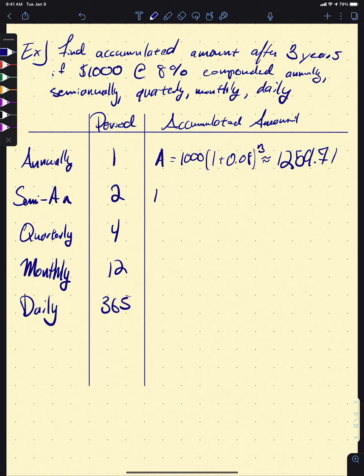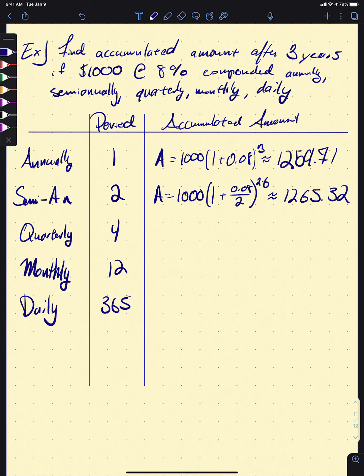So semi-annually, we still have the same principal. 1 plus, my interest rate is still 0.08, but now we're doing it twice a year, so I need to divide it by 2, but I'm compounding twice as often, okay? And when you run that through, my output goes up a little bit, $1,265.32.